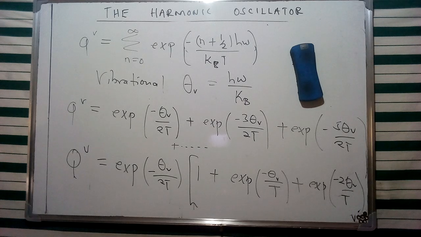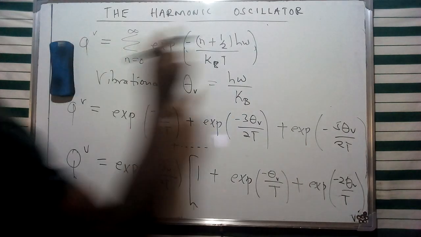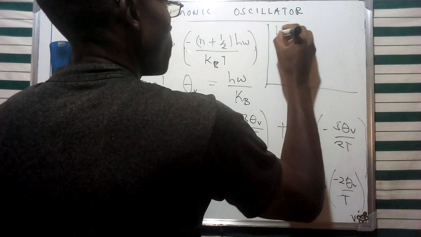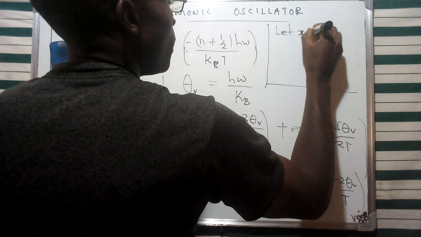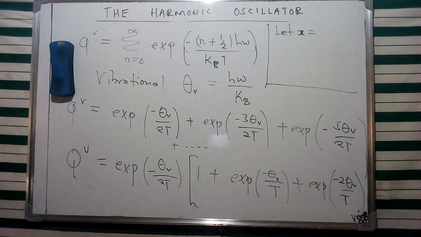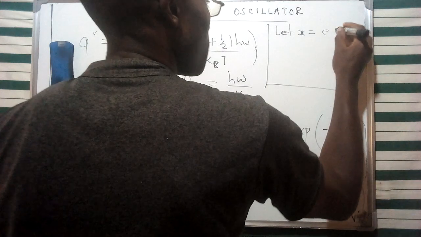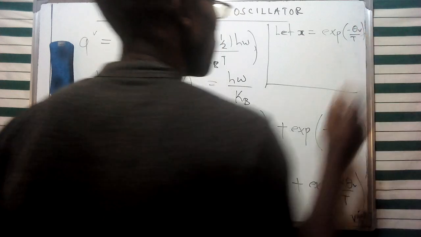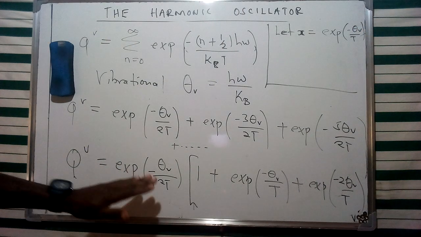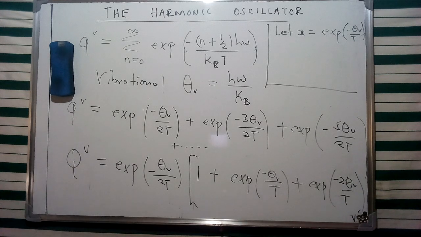I hope we have understood this, or rather let me just put it at this specific point. I'm going to substitute one of the common factors using an unknown value, so that we can come up with a general expression, whereby we say let x represent the exponent of negative vibrational temperature over T. In any case, if we have n of these factors within this geometric progression, I'm going to substitute it with x.